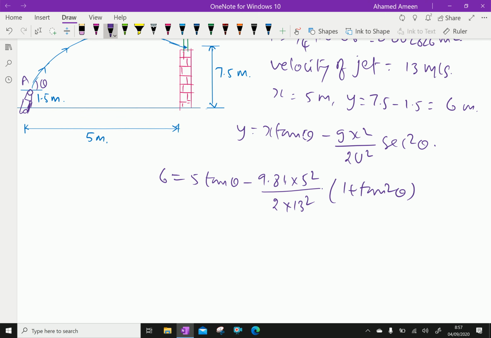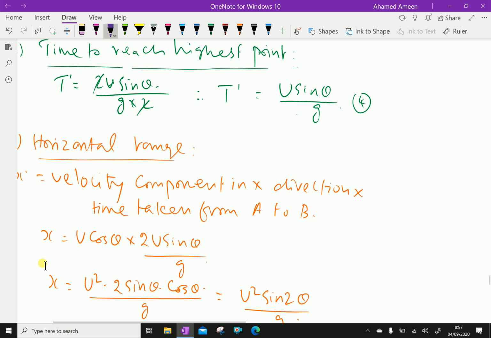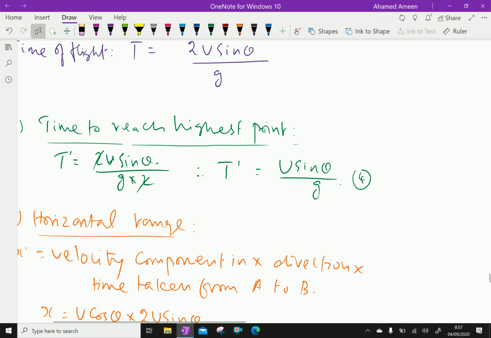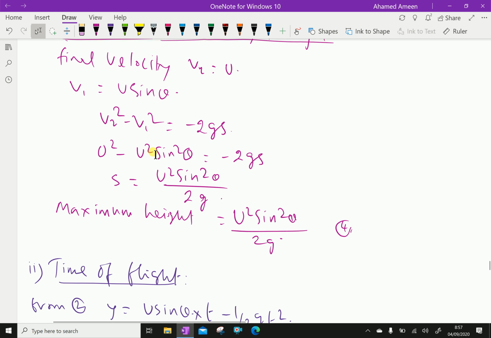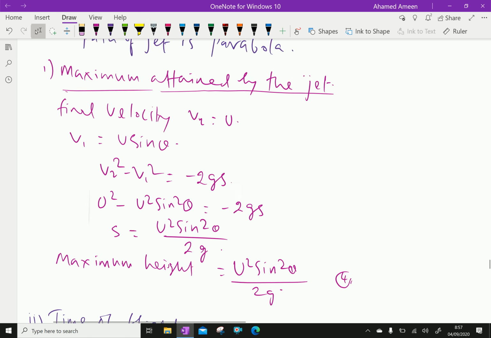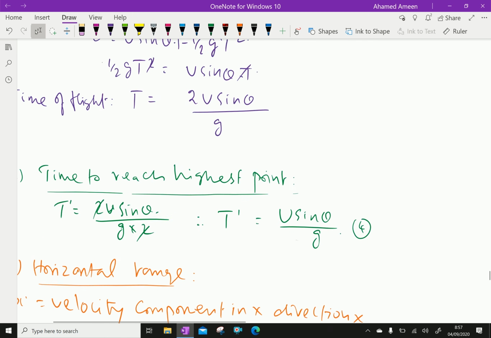So we have y equals x tan theta minus g x square secant square theta by 2u square.